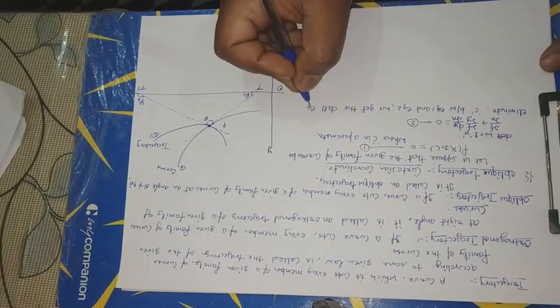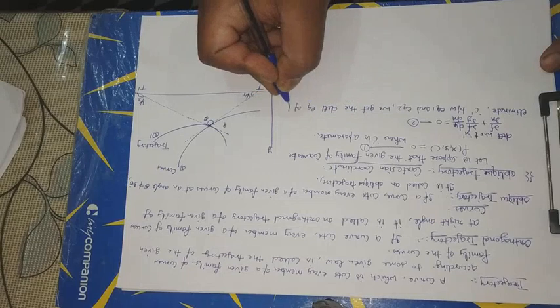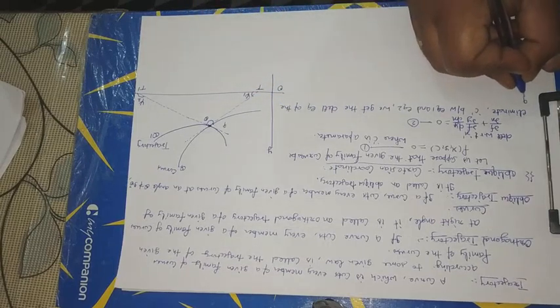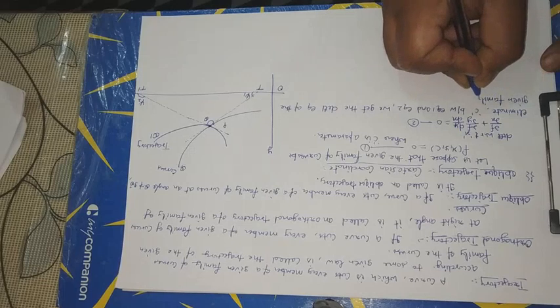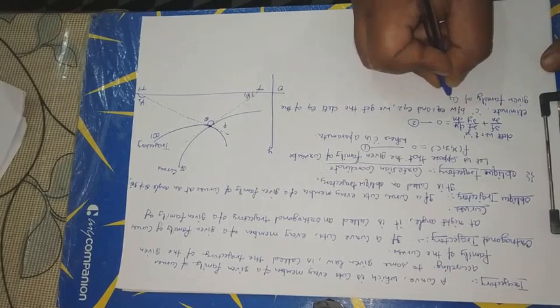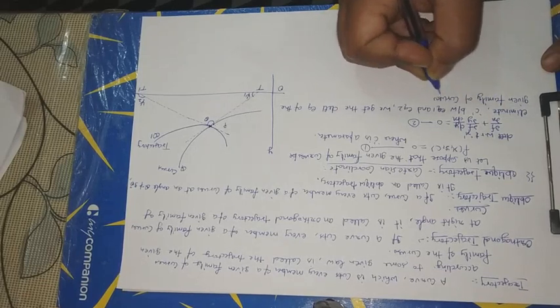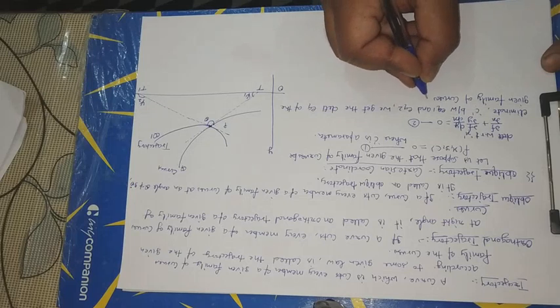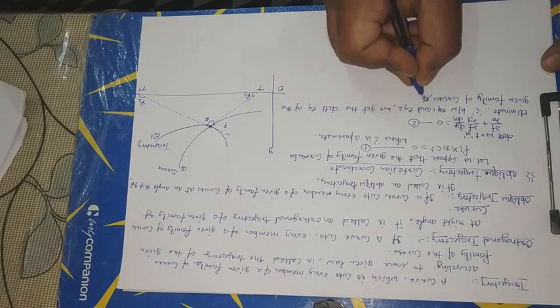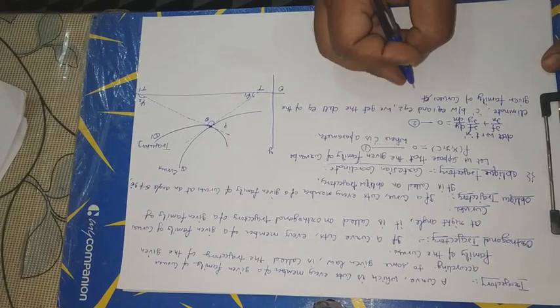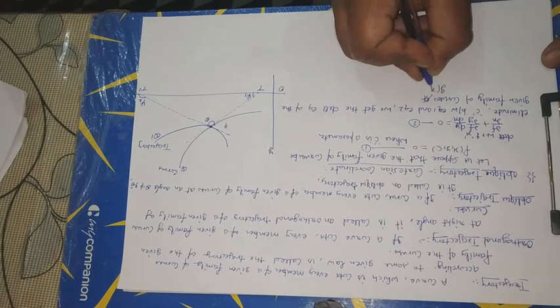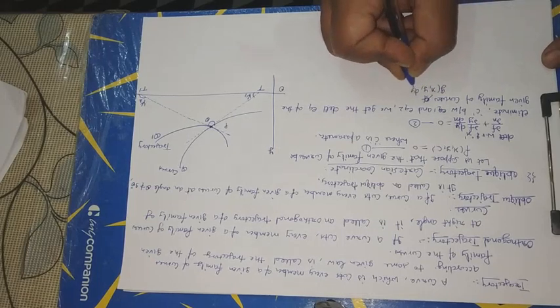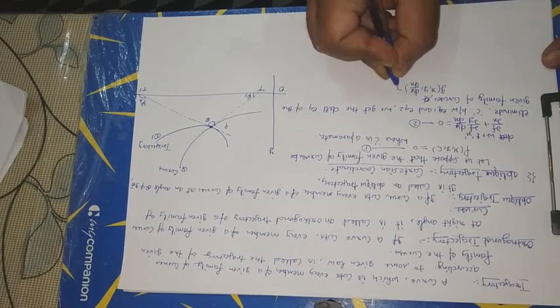We get the differential equation of the given family of curves such that g(x, y, dy/dx) = 0.